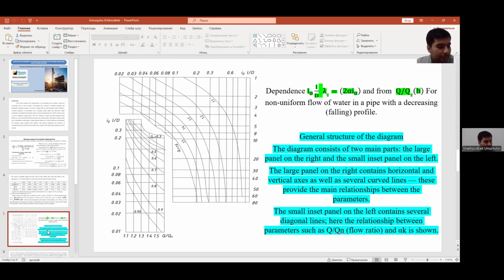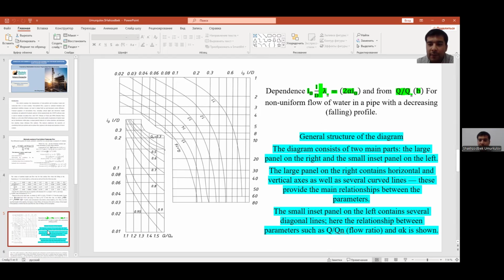According to the information, there are two graphs: a large panel on the right and a small inset panel on the left bottom side. This data analyzes the length of the pipe, slope, and the amount of wastewater per second.